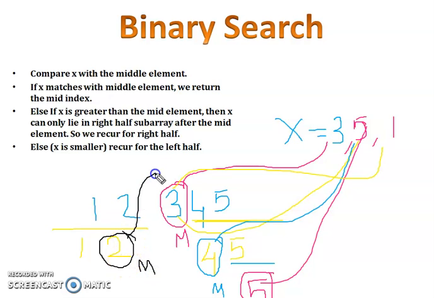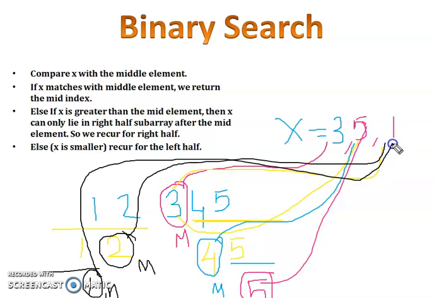Again make a comparison: 1 is less than 2, so again you concentrate on the left part. Now the remaining one is 1, so that becomes the middle one. Make a comparison: both are the same, so the search is successful.